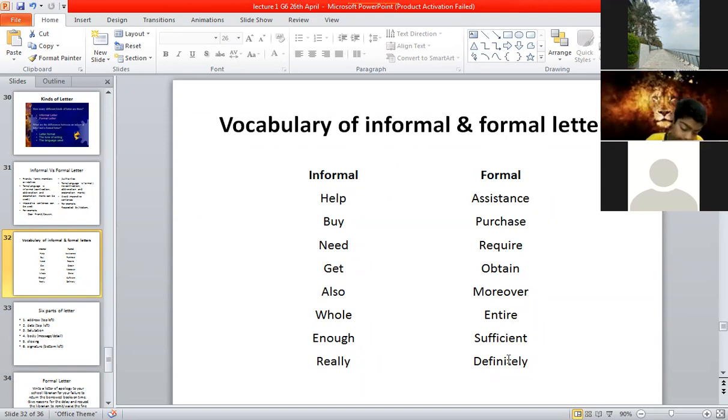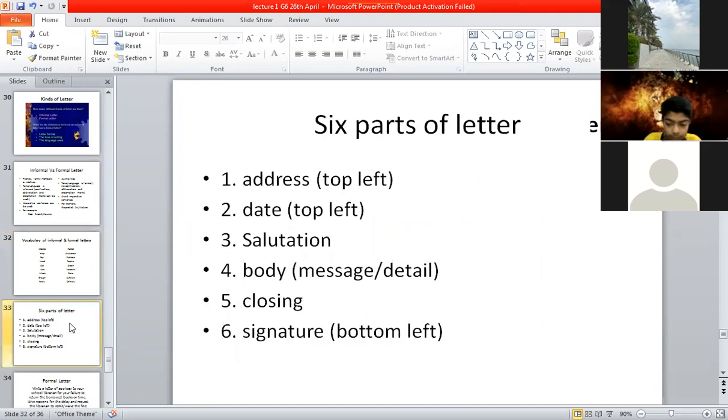So vocabulary will be changed, letter format will be changed, tone of writing will be changed. Okay. Then there are 6 parts of a letter: address and date.